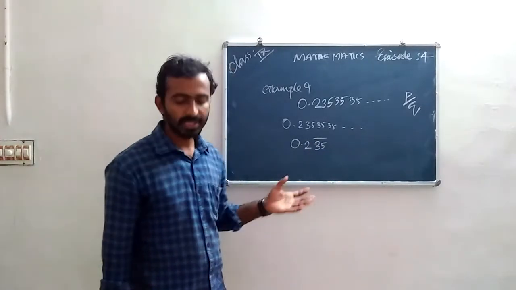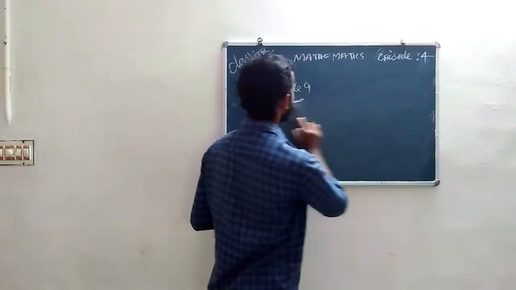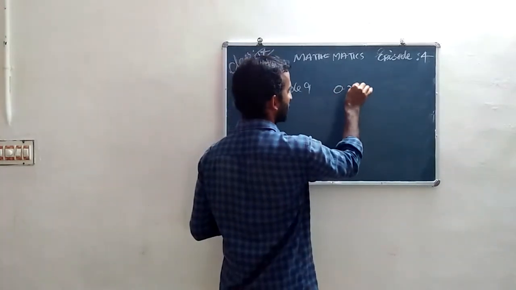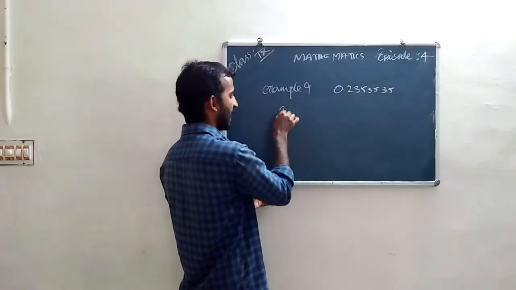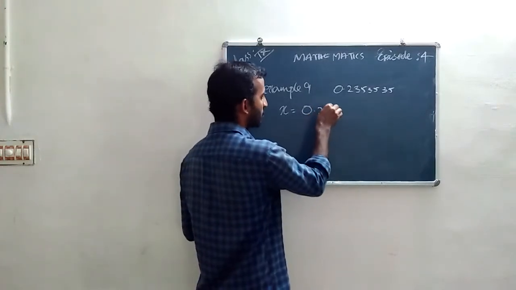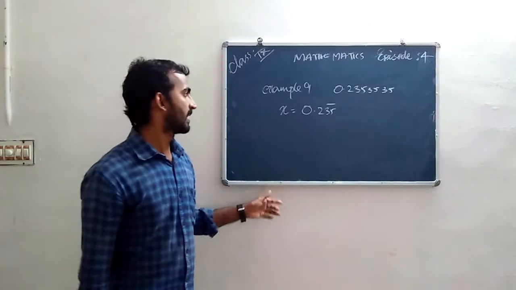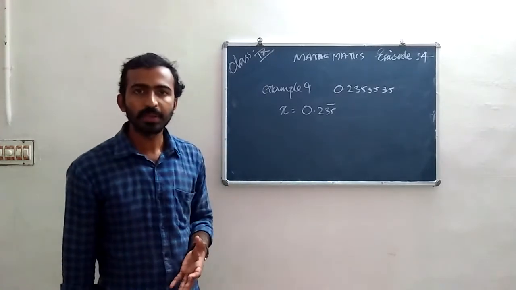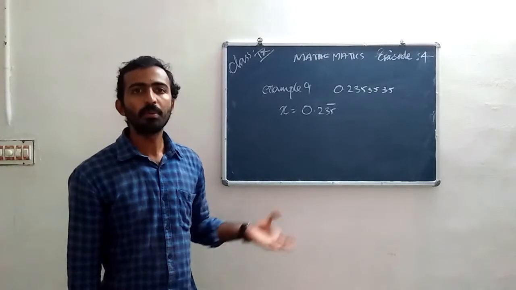Next, let us simplify it. Let x equal 0.235 bar. Here two digits are repeating, so we multiply by 100 on both sides.